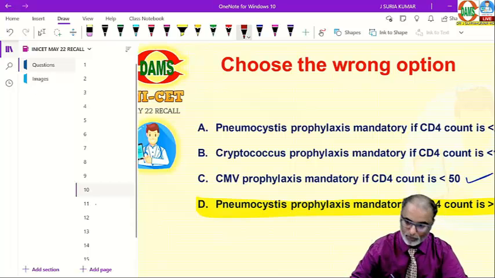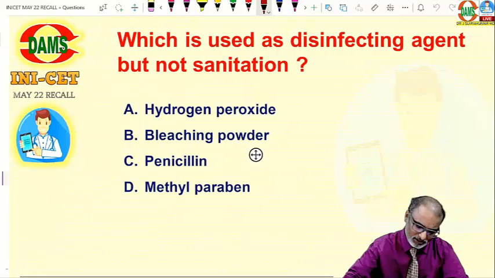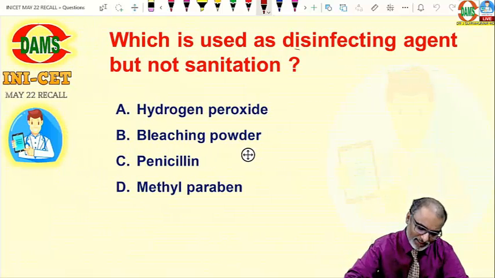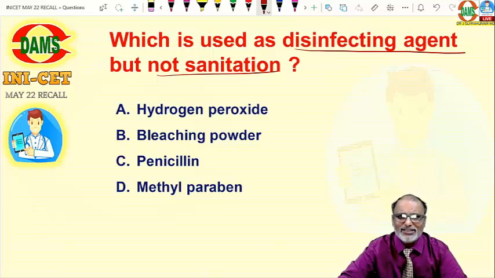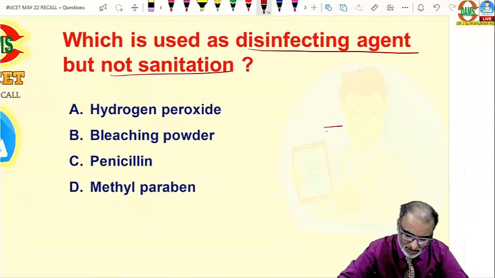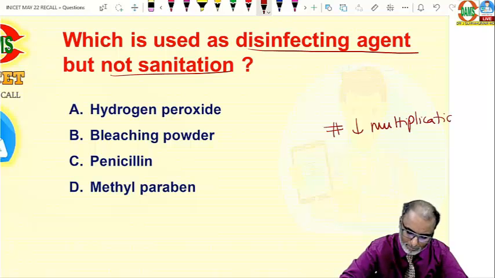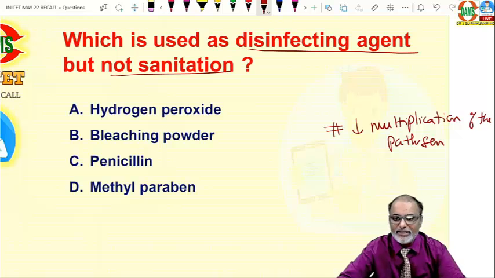Next is: which is used as a disinfecting agent but not sanitation. Confusing. For that, follow my notes, the definition is that. What is a disinfecting agent? The agent which inhibits the multiplication of the pathogen in inanimate media.